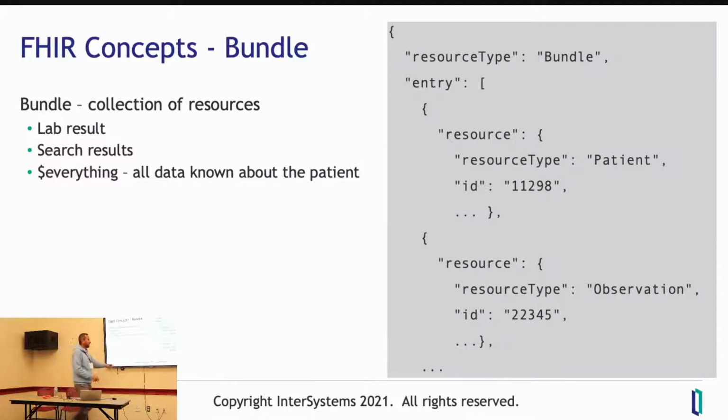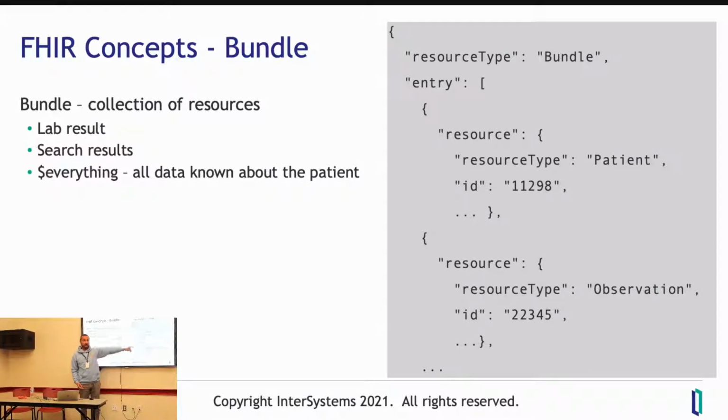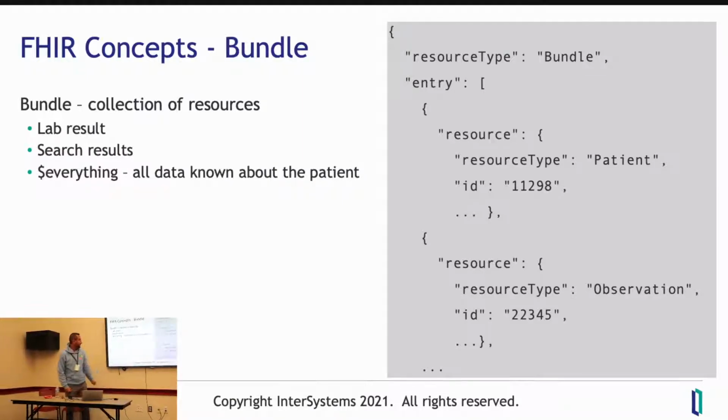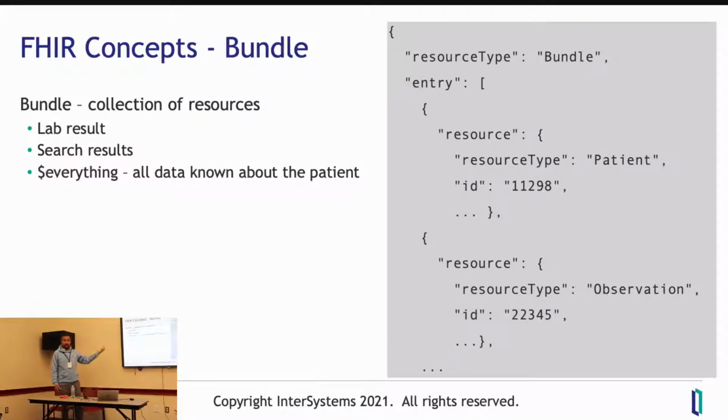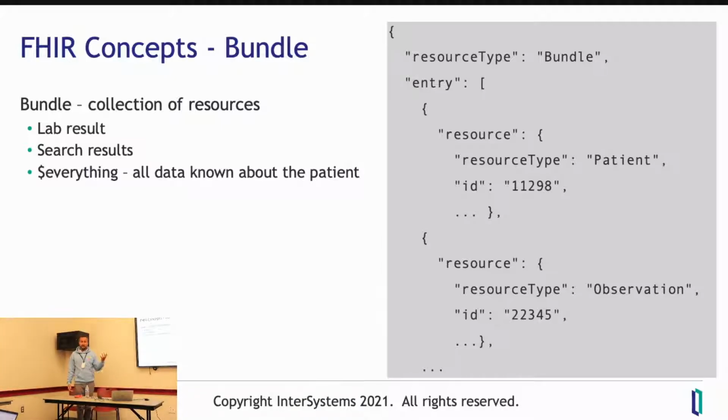Same here. Bundles can accumulate multiple resources into one entity. Lab results are a very good example of a bundle. They logically group together because it was a single requisition and here's a single result.